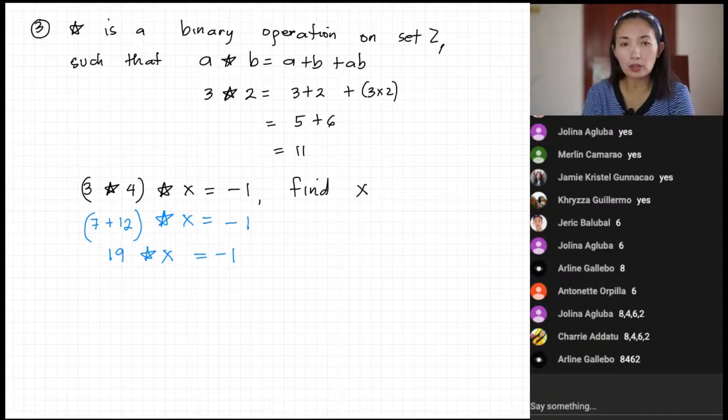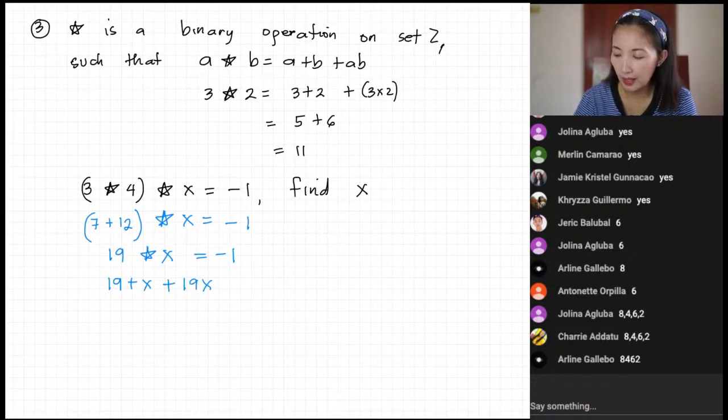Okay, now operate on 19 and x. Using the definition once again, sum plus product. So sum is 19 plus x. Okay? Plus their product is 19x. Again, 19 plus x, that's A plus B, plus AB, 19x.